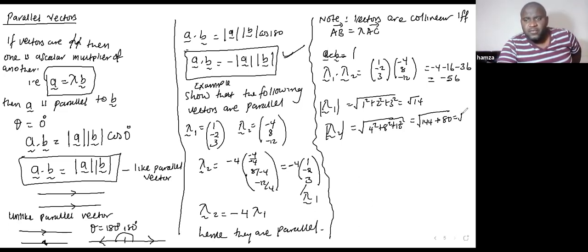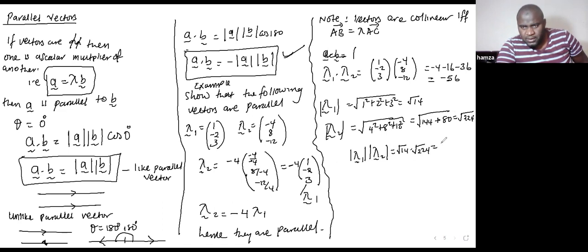So it gives us root of 224. So the magnitude of lambda 1 times the magnitude of lambda 2 is equal to root of 14 times root of 224, which is the same as square root of 14 times 224.